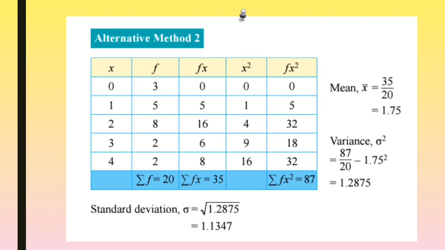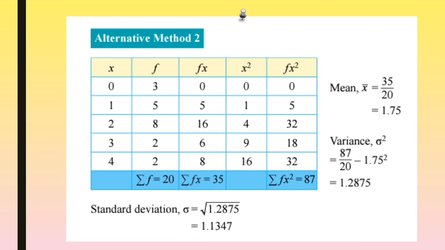For alternative method 2, you need to form a frequency table with the data x. X is data, f is frequency, and you need to find frequency times the data one by one. Example, 0 times 3 is 0, 1 times 5 is 5, 2 times 8 is 16, 3 times 2 is 6, 4 times 2 is 8.